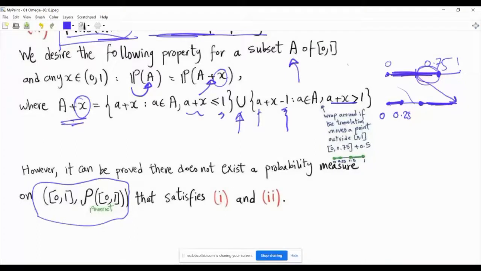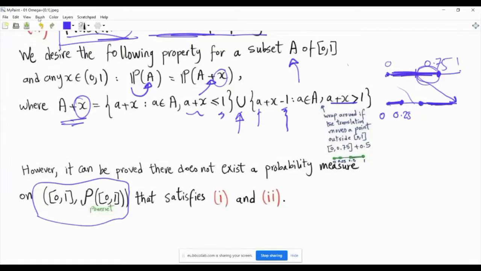if you want things to make sense, then you have to let go of the power set as your sigma algebra. You really have to do a selection. You really have to use a sigma algebra that is not the power set. You need to make choices regarding the subsets, because some subsets of an uncountably infinite set are really evil. So we'll see this.